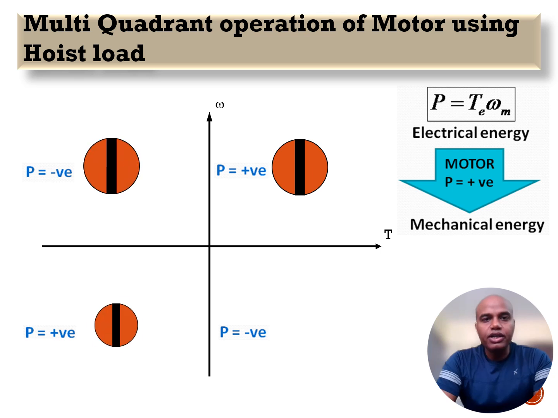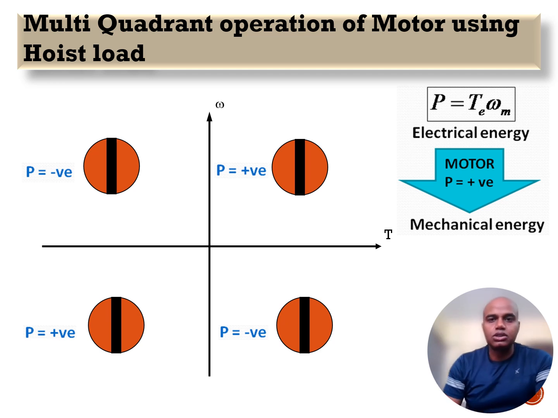Let's understand all these four quadrants now. Before starting with the quadrant operation, we know the relation that power is equal to torque multiplied by angular speed, which gets converted from electrical to mechanical energy, and the motor action happens.